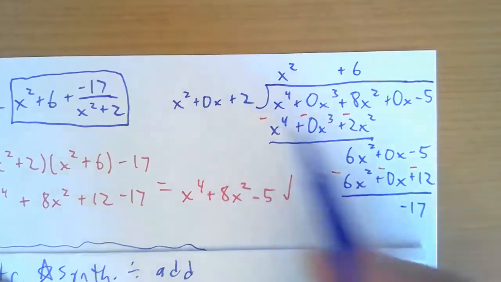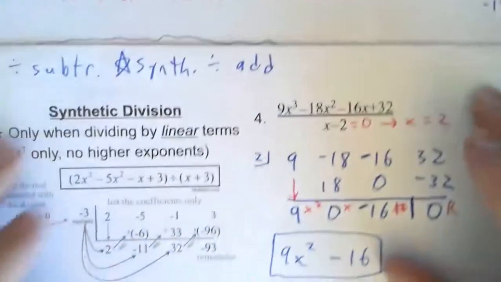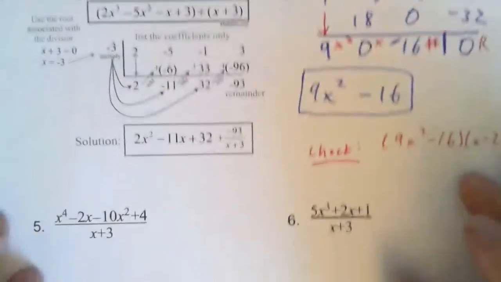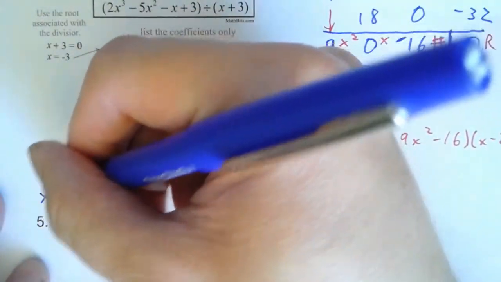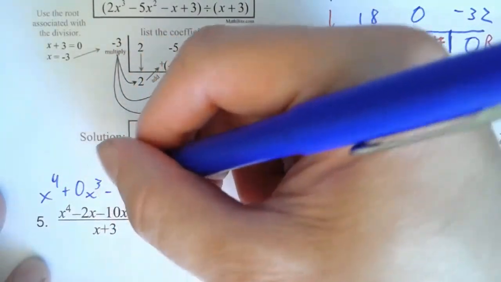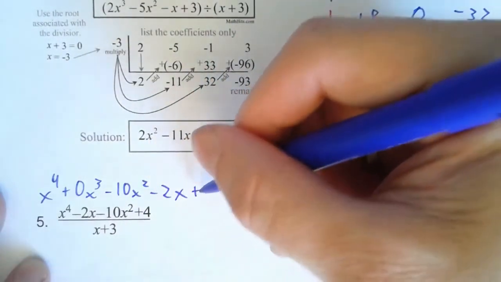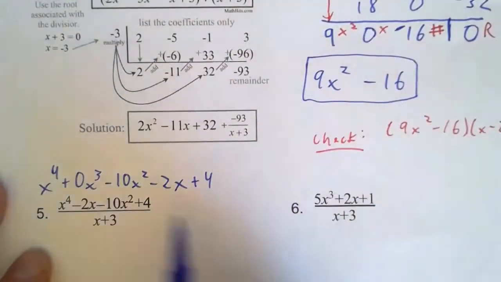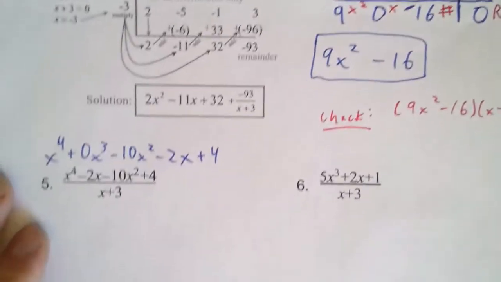So just like we did for this right here, for long division, again, it's helpful, but not necessary. For synthetic division, it's going to be absolutely necessary. So we need to look at this as x to the fourth plus 0x cubed, minus 10x squared minus 2x plus 4. We need the terms in order and zeros for any missing terms.